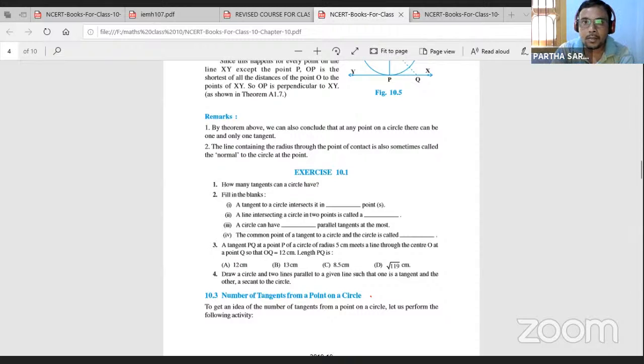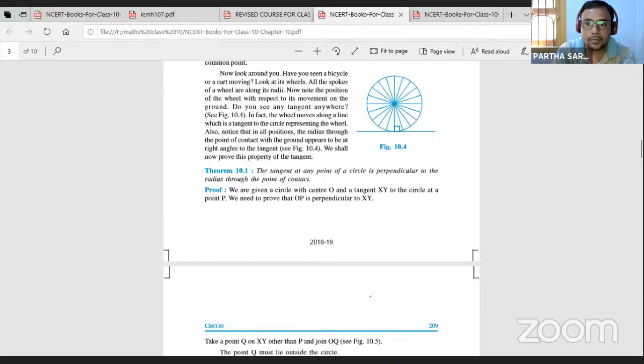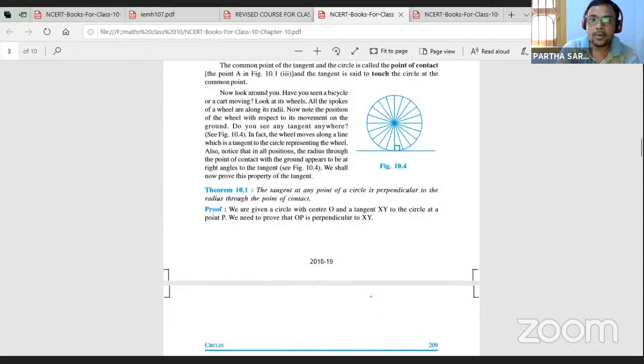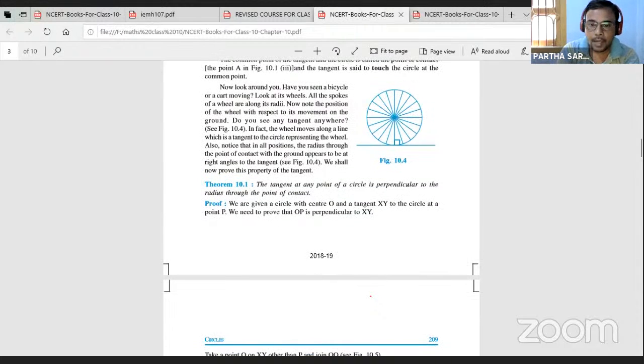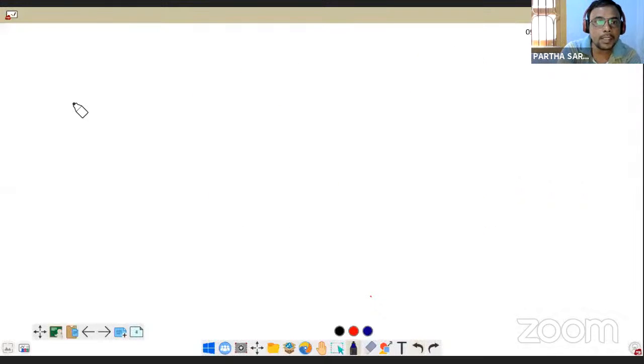So before going to this, now I have to go through a theorem. Okay, now listen. Please write down this theorem. First theorem. Without doing this, we cannot go through this one.